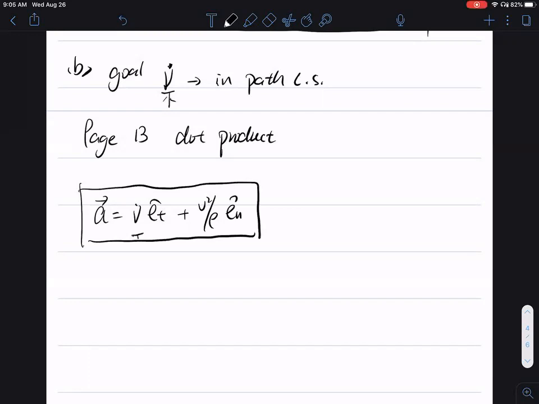V dot is just the e_t component. So by using the dot product, we can take a times the direction of V dot, which is e_t. That's a dot product.